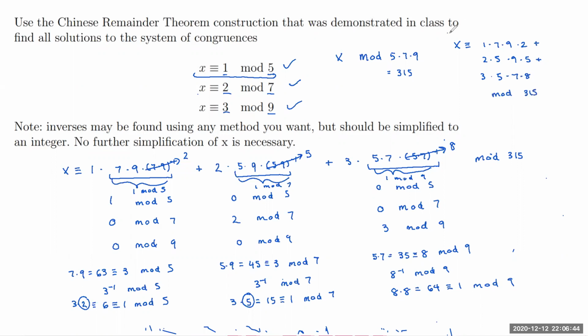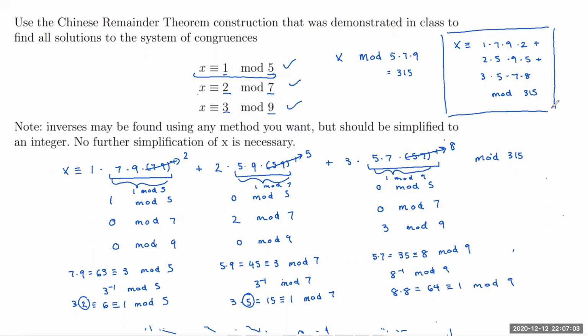So for the Chinese remainder theorem, this here would be our final solution. Hopefully this teaches you how to use the Chinese remainder theorem to solve for a unique solution, based on this class.